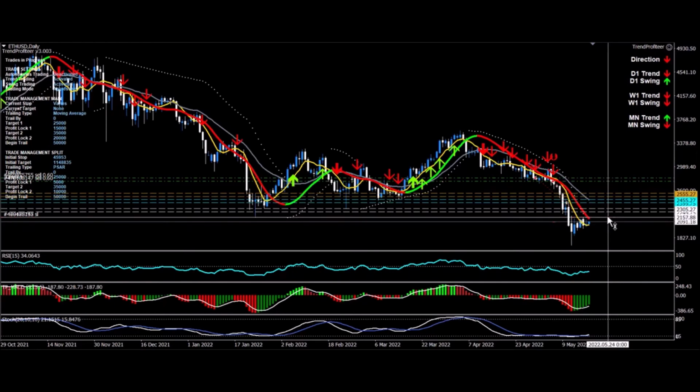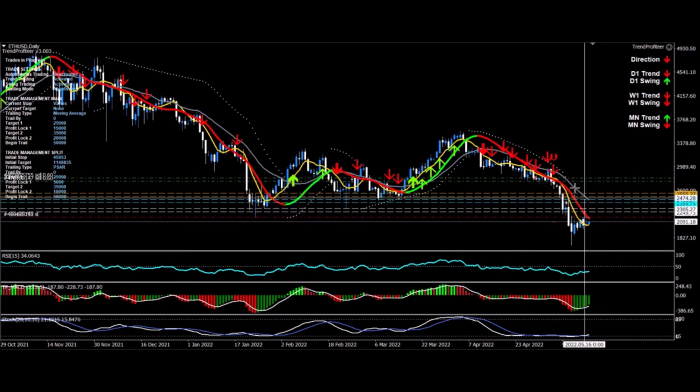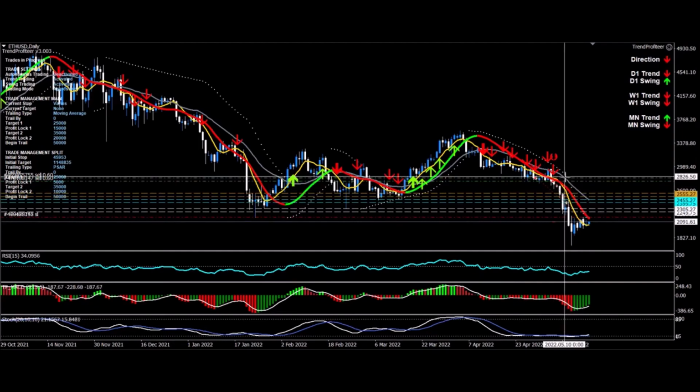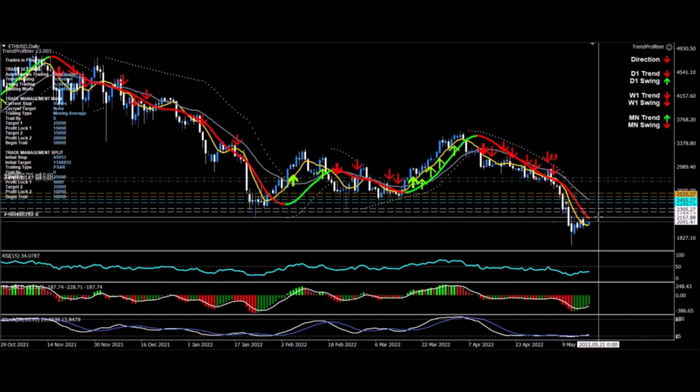We can see here that price is going pretty flat, and we got in around that 2750, 2800, and it's created a huge amount of pips already. We just want to see how far price can go, see if we can retest that low. All right, be back soon.